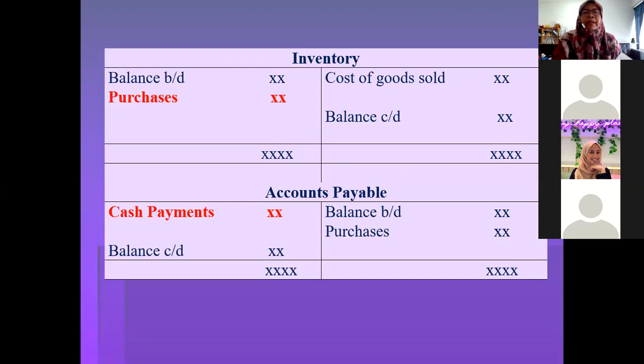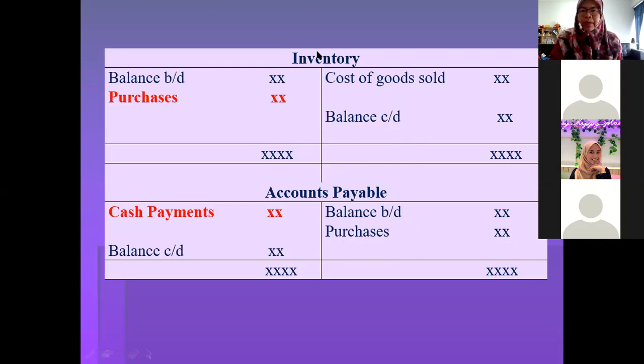Because the amount that we paid to the accounts payable akan ada dalam account ni, accounts payable. Okay, but then we cannot complete this accounts payable account since we do not know this purchases amount. Because purchases is in COGS. Sebab tu kita kena buka inventory, as a help for us to find this amount.